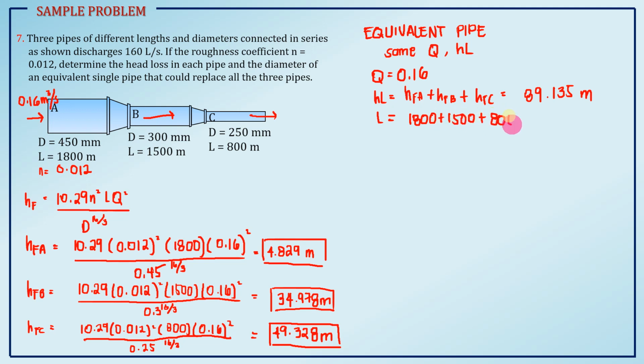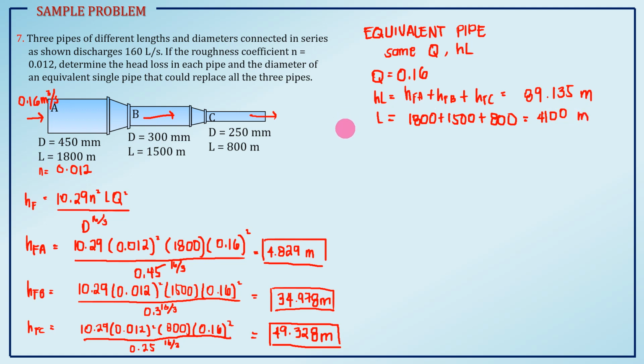So, papalitan mo yung tatlong pipe ng iisang pipe lang. So, noting that you must have the same Q and same na head loss. So, yung length natin dito, yan pa rin, kasi hindi naman binanggit kung pahabaan ba o iiklian. So, this would be the total length pa rin. So, 1,800 plus 1,500 plus 800, that is 4,100 meters.